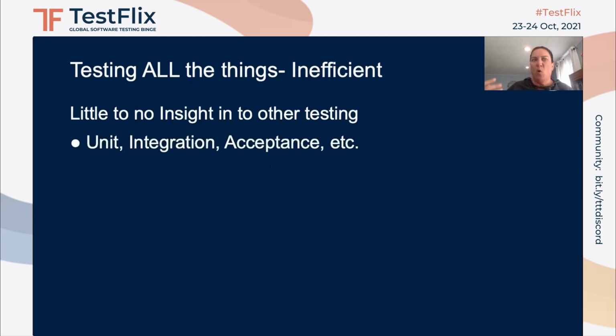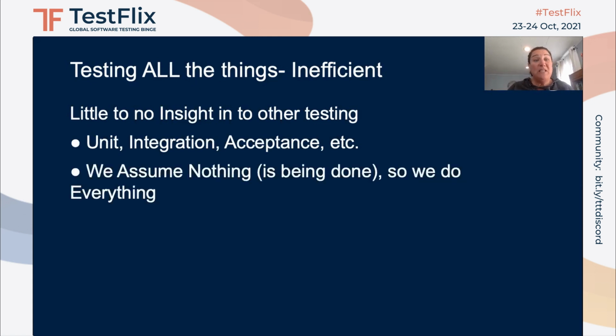And specifically, what are our software engineer counterparts doing around unit and integration or acceptance testing? But because we generally don't have access or insight into what our other teammates are doing, we assume nothing is being done. So we do everything and we try and test all of the things.